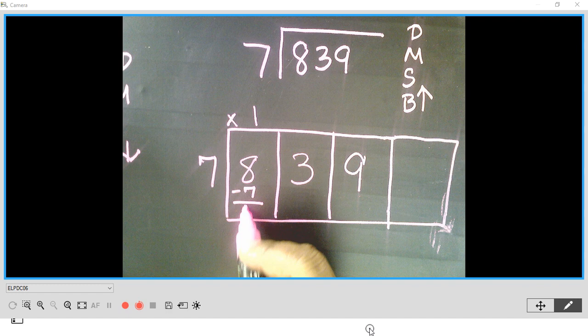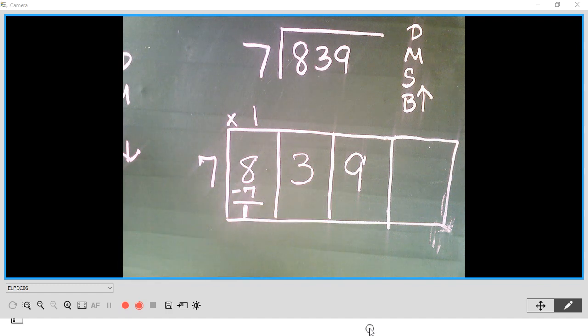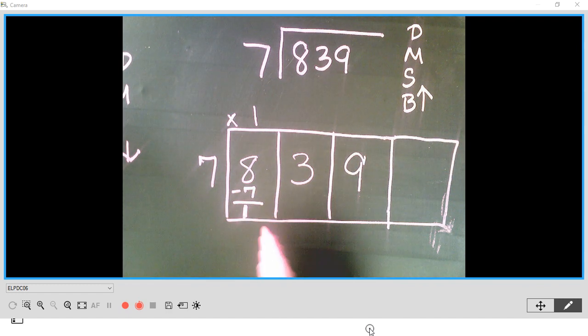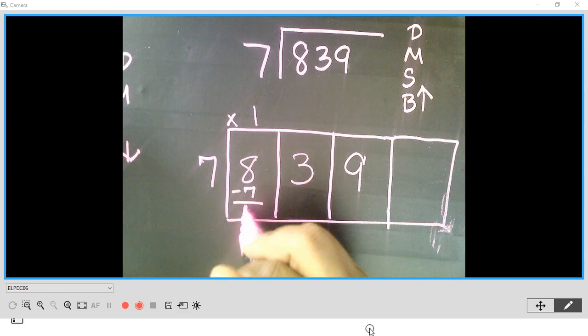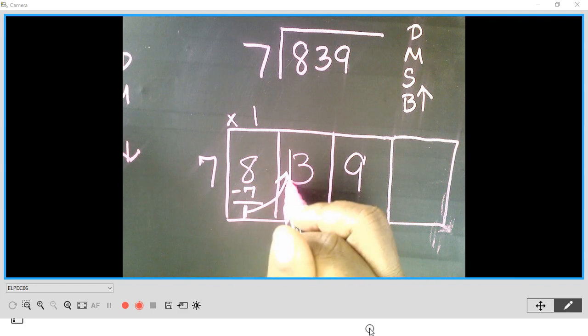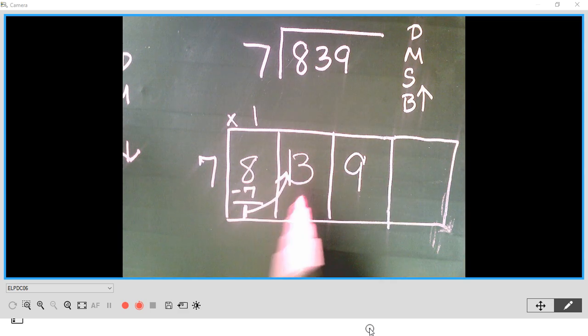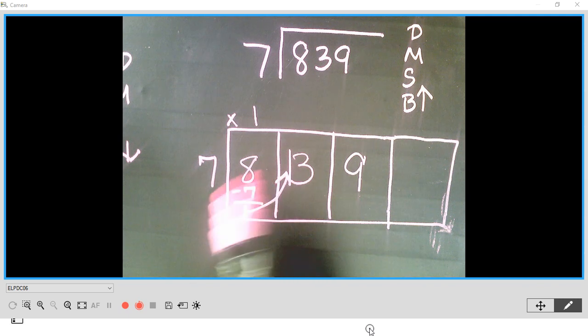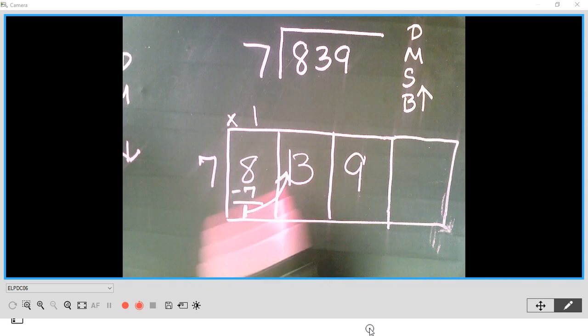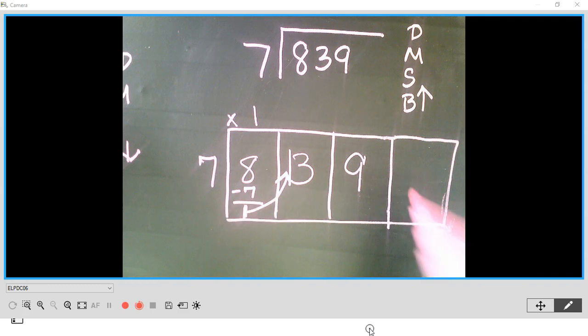8 minus 7 equals 1. So that's a remainder that I bring up to this next column. So my new number is 13. What times 7 is going to give me closest to 13 without going over? 7 times 1 equals 7. 7 times 2 equals 14.